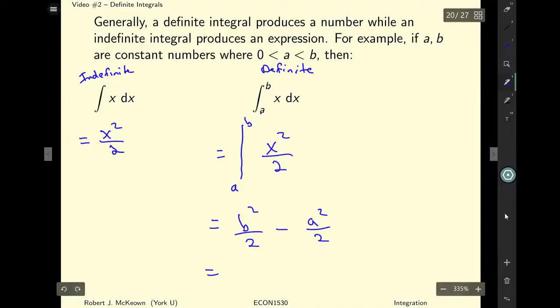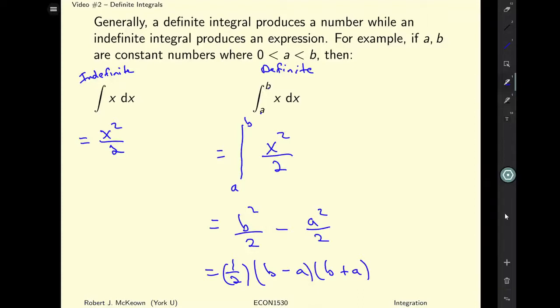If I want to, I can just go ahead and simplify this. I can factor out a 2, and then I've got b minus a, b plus a, since it's a difference of squares. And if I gave you values, if I said b was equal to 2 and a was equal to 1, then this thing is going to be equal to 3 over 2.